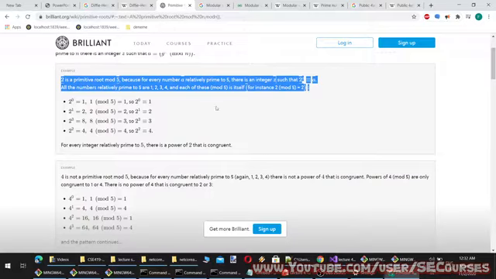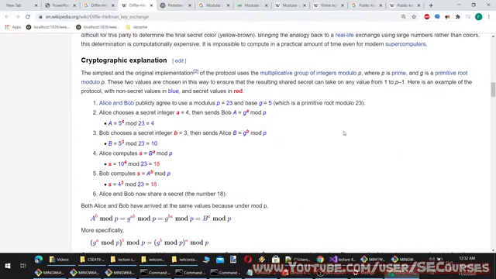All the numbers relatively prime to 5 are 1, 2, 3, 4, and each of these mod 5 is itself, for instance 2 mod 5 equals 2. This is the primitive root.